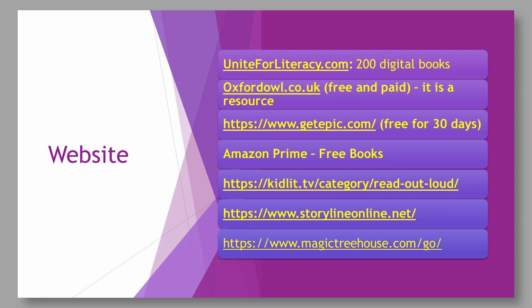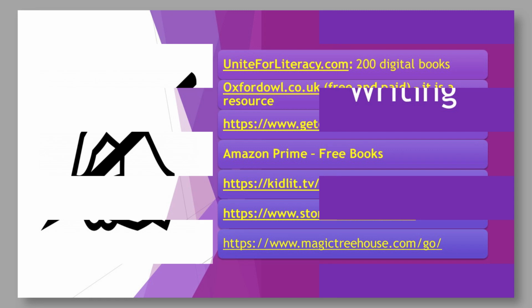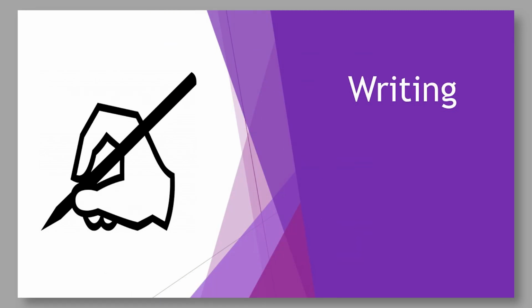So this talks about science and history, writing and reading. So the Magic Tree House is a fantastic source to go to for literacy. And Don Johnston now has some free books that you can go to and have their leveled readers.